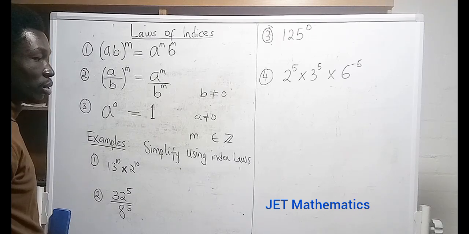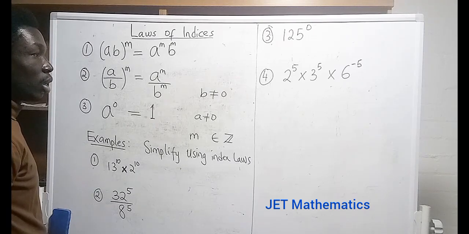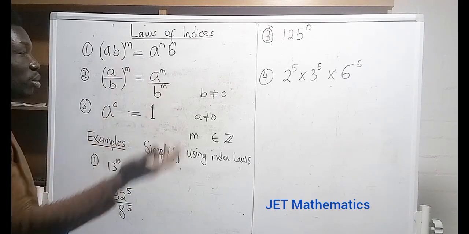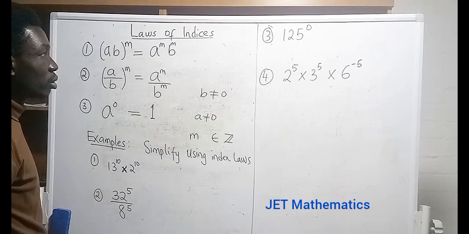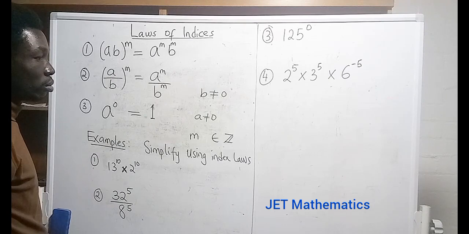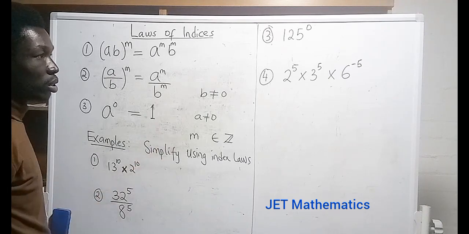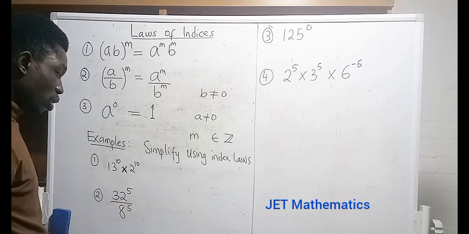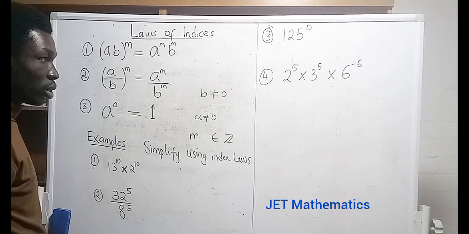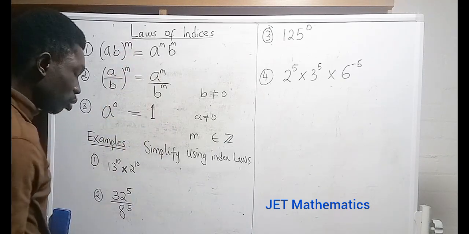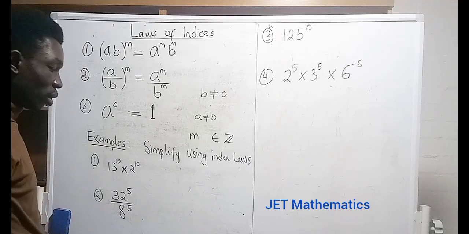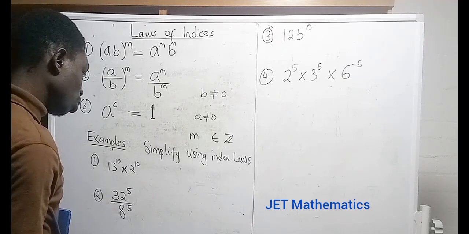Sometimes we can also have them to be rational numbers, but let's just start with these simple ones. As we proceed, we'll go deeper, and we'll see when the powers are rational numbers, and also how we can solve them. So we are good.